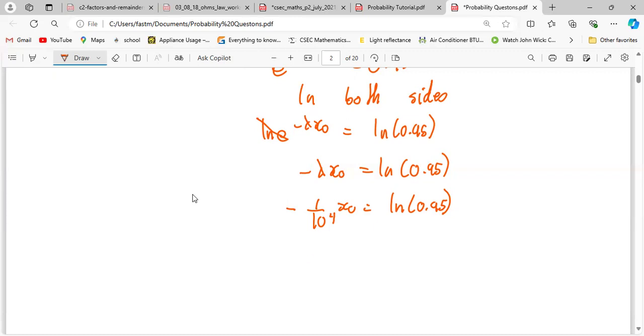So now, x0 over 10 to the power 4, and ln of 0.95 is minus 0.0513. So the negatives will cancel finally.